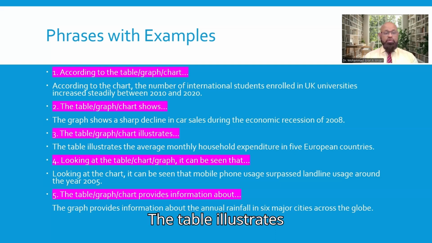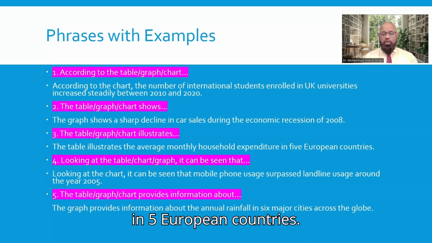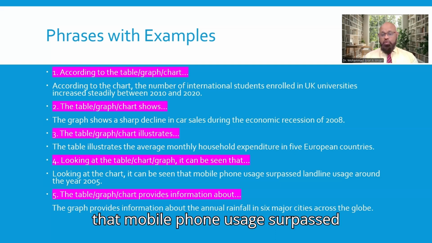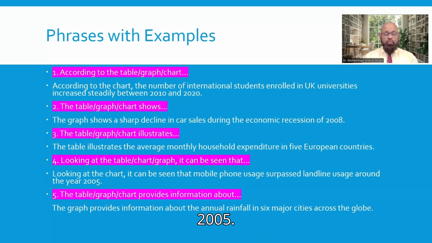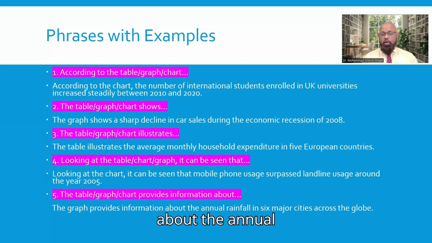The table illustrates the average monthly household expenditure in 5 European countries. Looking at the chart, it can be seen that mobile phone usage surpassed landline usage around the year 2005. The table or graph provides information about the annual rainfall in 6 major cities across the globe.